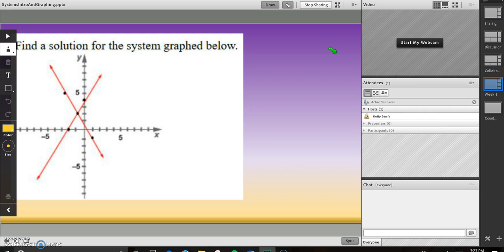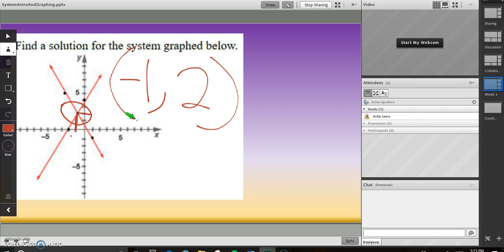All right, so let's find the solution for the system graphed below. We have two lines and we want to see where they intersect. They intersect right there, and that is (-1, 2). So the x value is -1, the y value is 2. That's not bad, but you're going to have to graph the lines on your own.